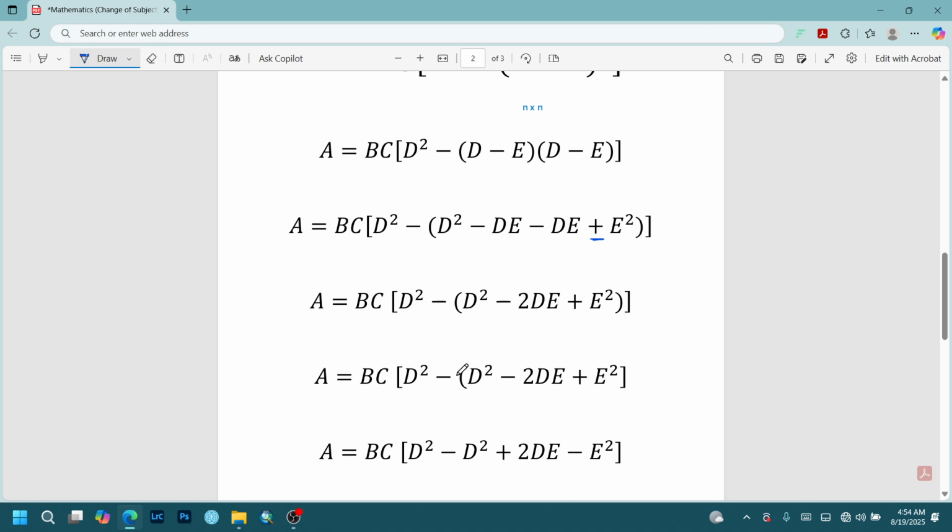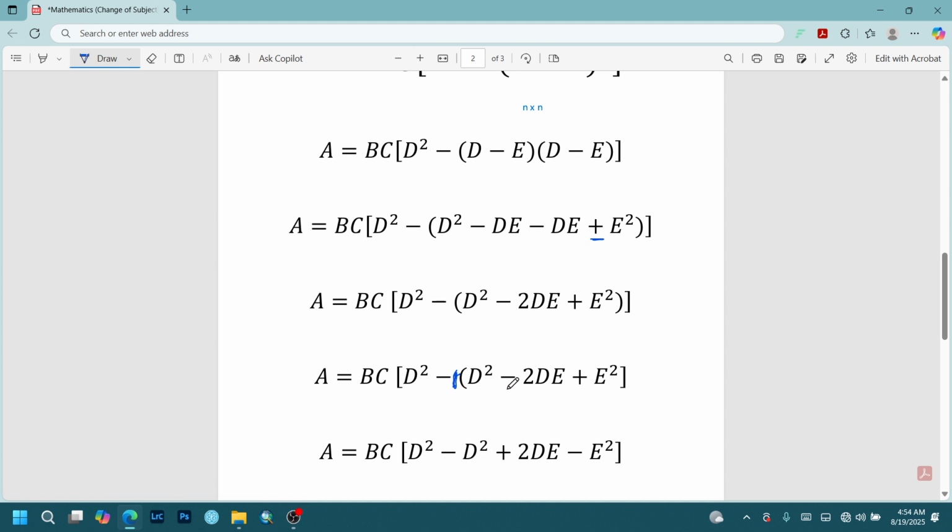There's an invisible one attached behind this equation, and it's a negative one. So we have our new equation to be A equals BC multiplying D square, and negative one here would multiply D square for us to get negative D square.